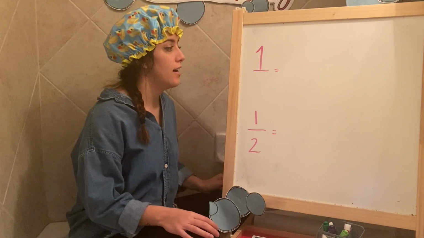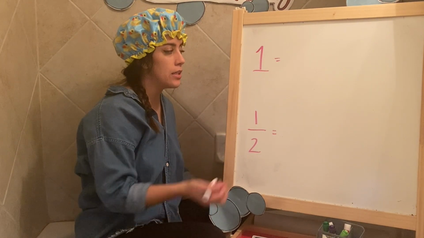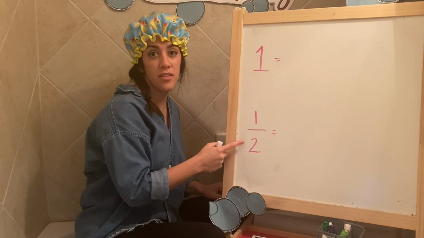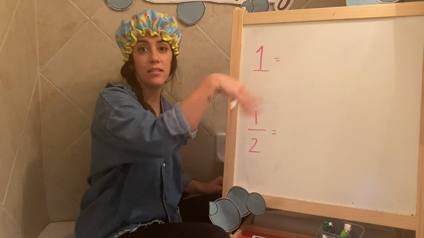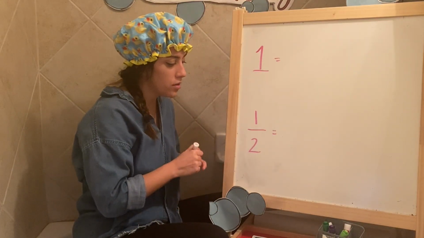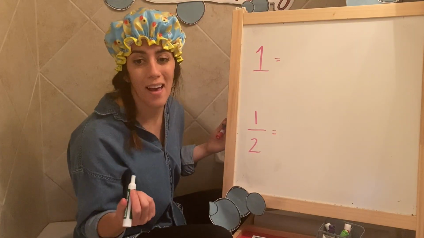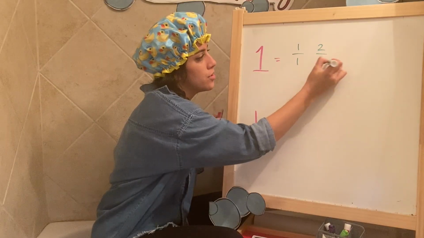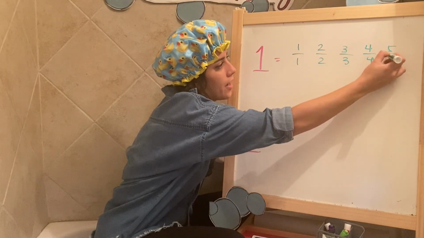Something that's important to note is fractions that are equal to 1, literally just 1, and fractions that are equal to half. An easy way is just to list them all out. So all of my fractions equal to 1, you can start as small as 1 over 1, 2 over 2, 3 over 3, 4 over 4, 5 over 5.